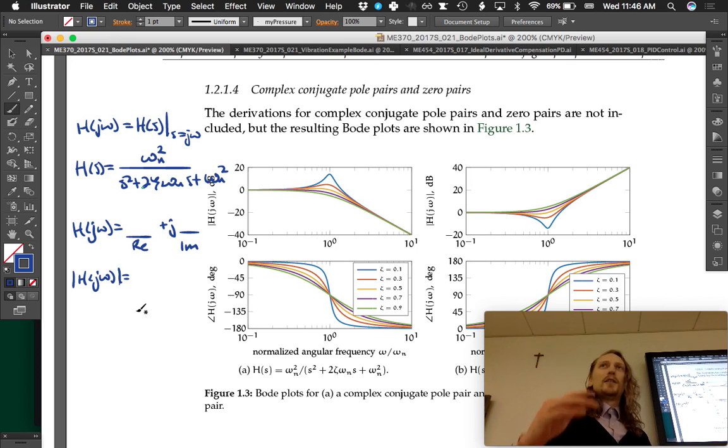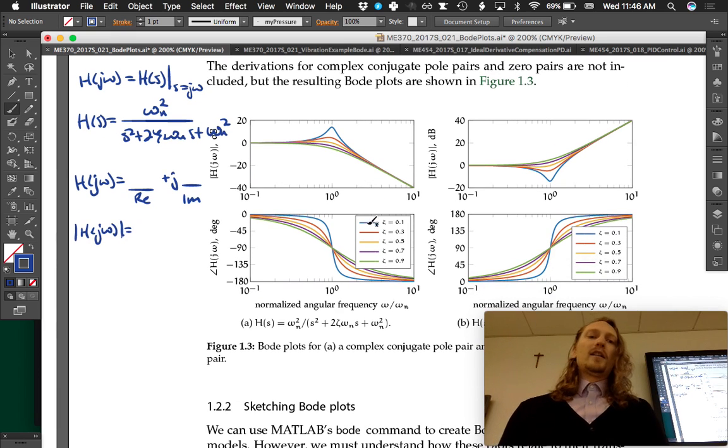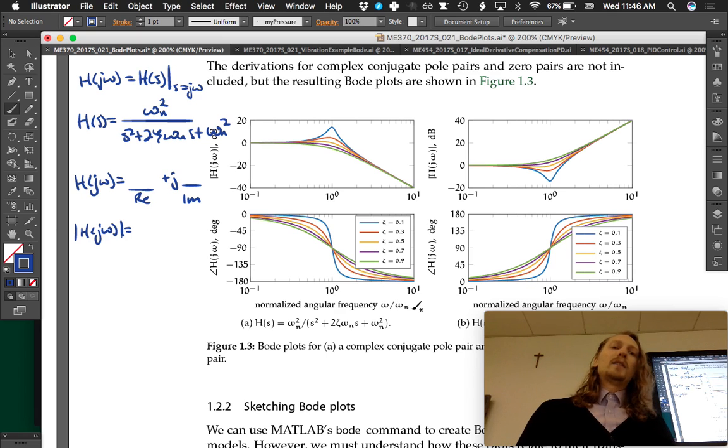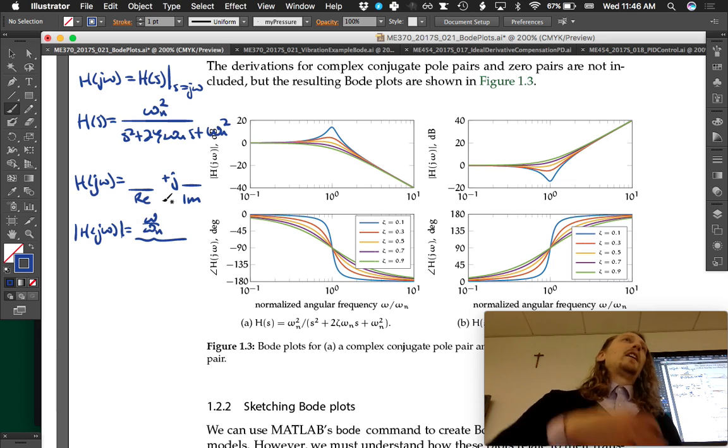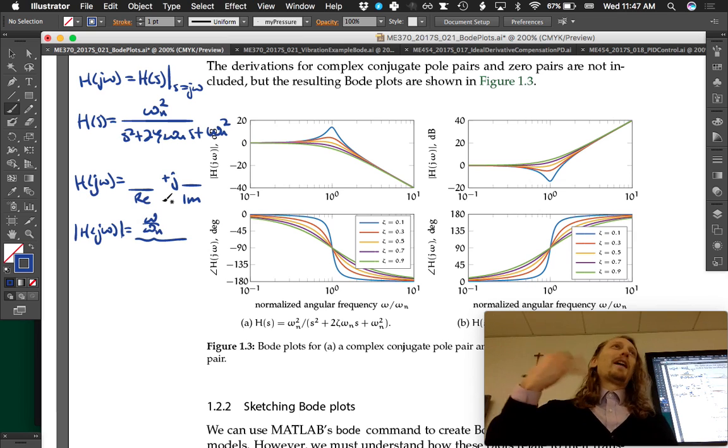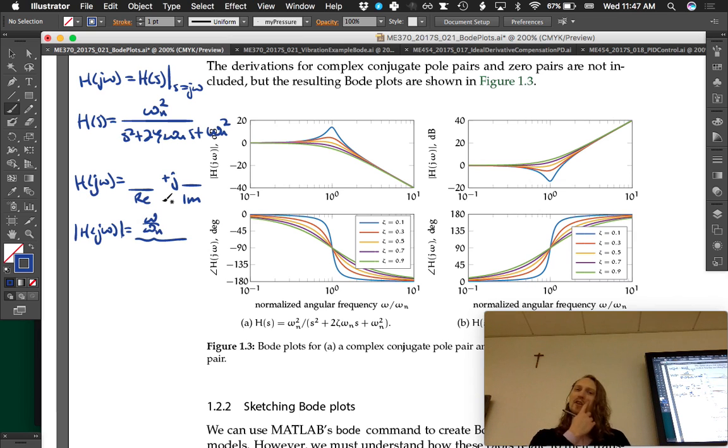Now, the horizontal axes are scaled here once again. They are normalized to omega divided by omega n. So it turns out that wherever omega shows up in this expression, it's divided by omega n. Well, I should say, if you rearrange it to have that, it shows up that way.